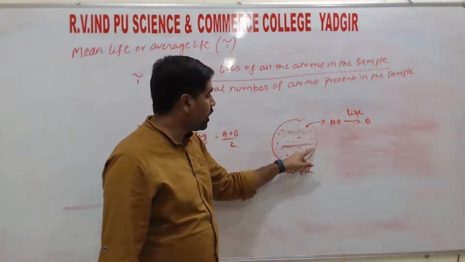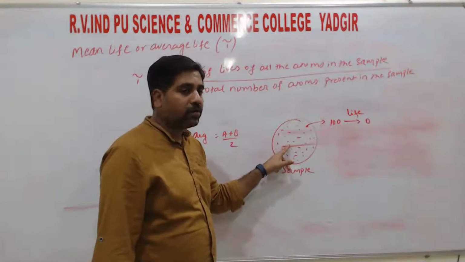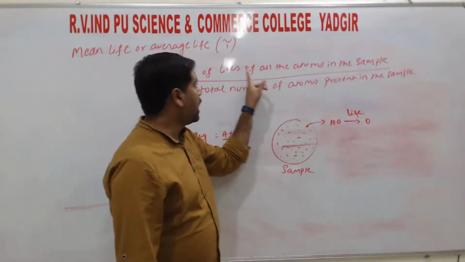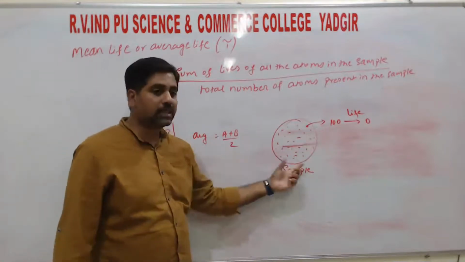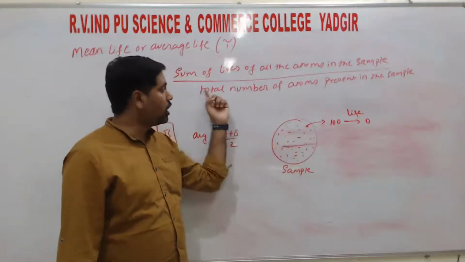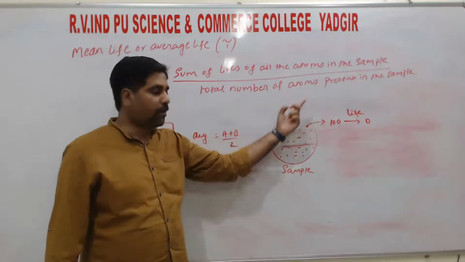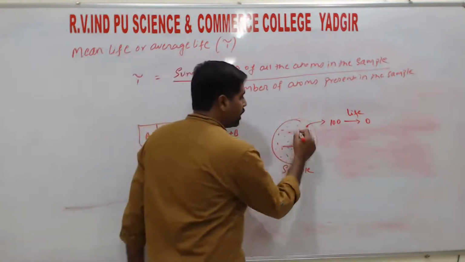So each atom has an individual life, right? So the sum of all the lives, the complete disintegration of all the atoms in the sample, divided by the total number of atoms present in the sample. For example, here we have 100 atoms.